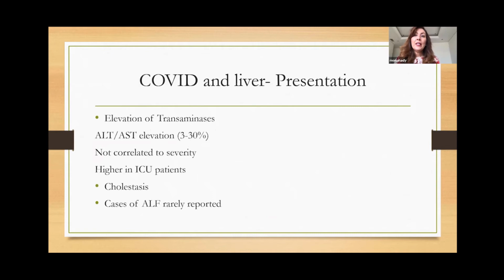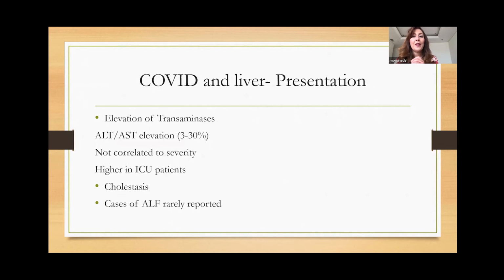So what we find in patients with COVID is mainly elevated transaminases in maybe around 30% of patients, but as I mentioned, in pediatrics it is lower than that. It is not correlated to disease severity, so not necessarily patients with severe COVID will have higher ALT or AST.